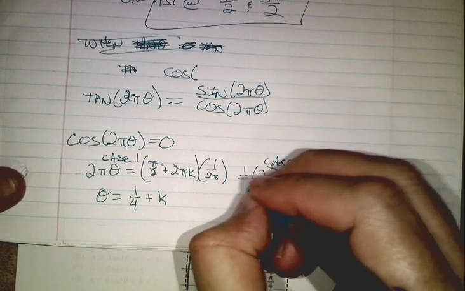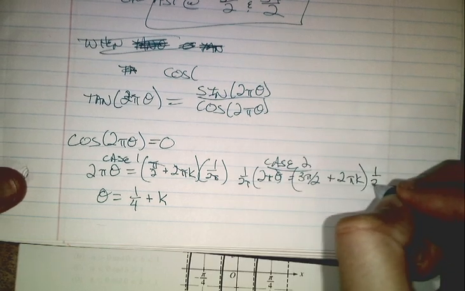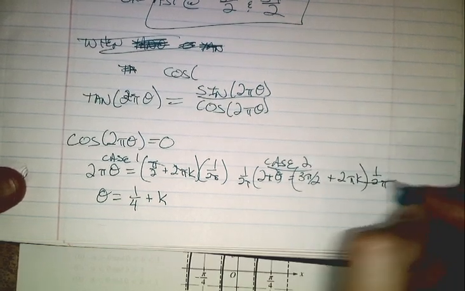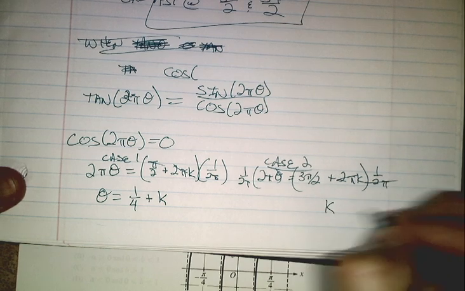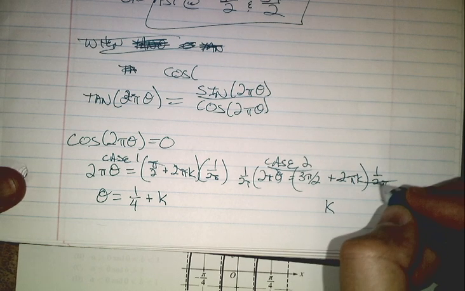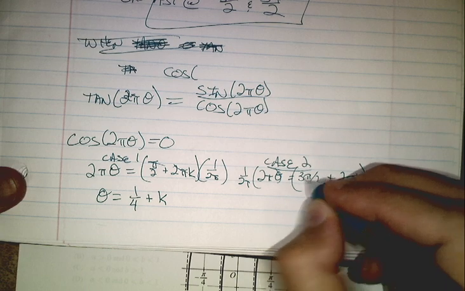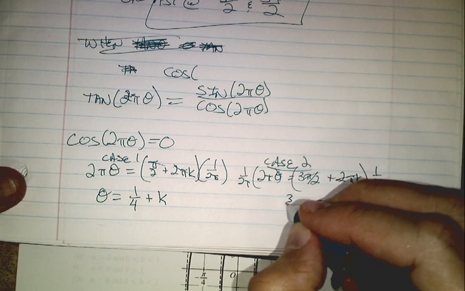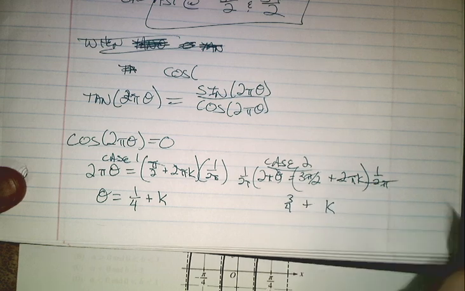Multiply both sides by 1 over 2 pi. And so that 2 pi cancels out that 2 pi, leaving k. And this pi cancels out that pi, leaving 3/4 plus k.